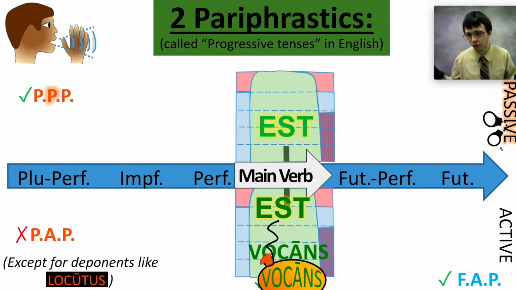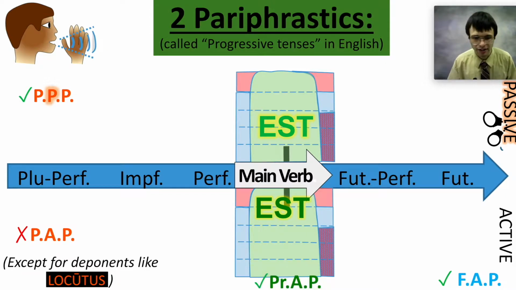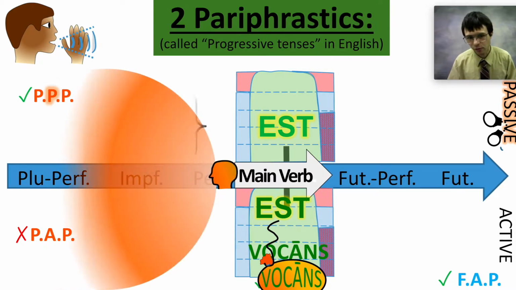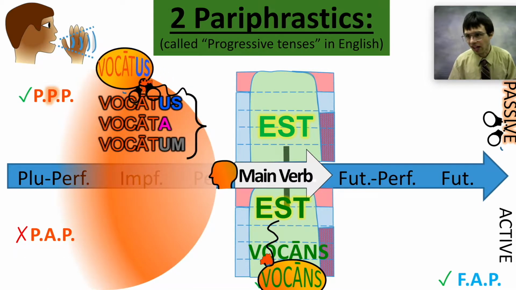Basically, anytime you use a participle with the verb to be, and it's not an infinitive, it's a periphrastic. So vocans est is a periphrastic. You had another periphrastic with another participle: vocatus est, he was called.